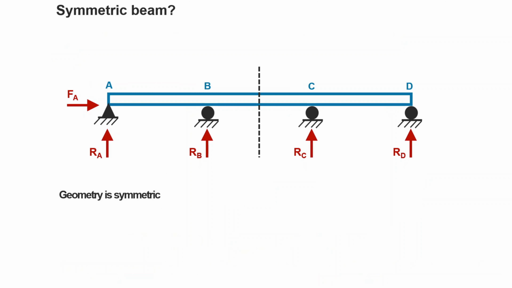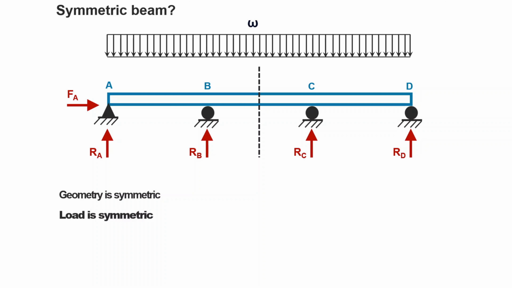First of all, we know this structure is symmetric, and that's why we know that half of the structure is the mirror of the other half. In addition to that, we know the first equilibrium equation provides that the summation of all forces along x should be 0, which yields that FA, the horizontal reaction at the support A, should be 0.